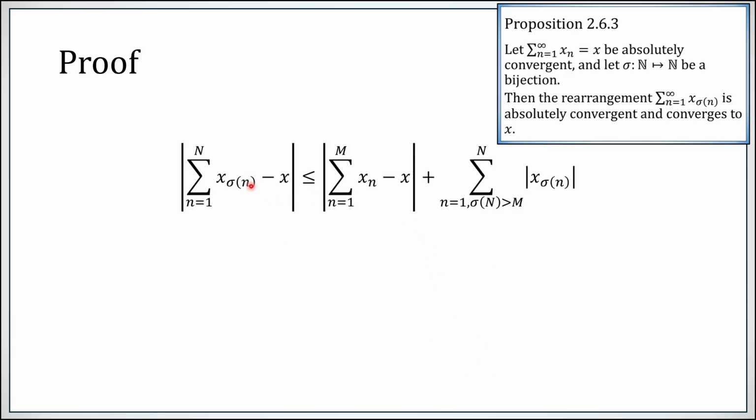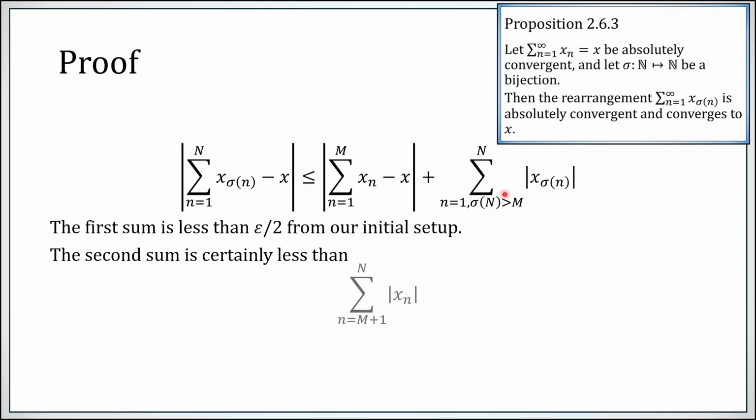So now we've established that our rearranged series compared to the limit x is no larger than some partial sum of the original series compared to x plus a whole bunch of absolute values. Now the first sum is less than epsilon over 2, but the second sum is definitely less than the sum as n goes from capital M plus 1 to n of all of these terms.